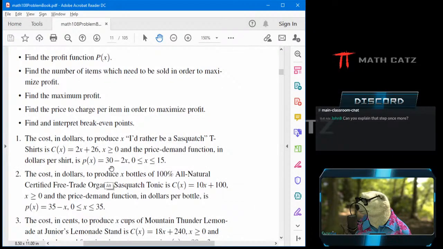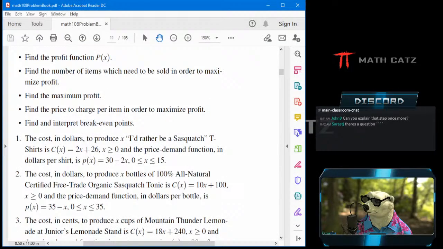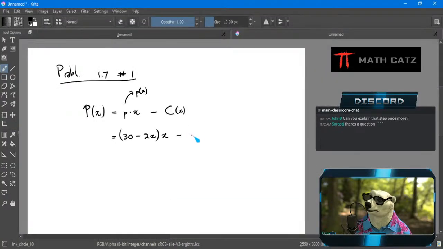Little p is 30 minus 2x, times X, minus the cost, 2x plus 26. Is everyone happy with that?